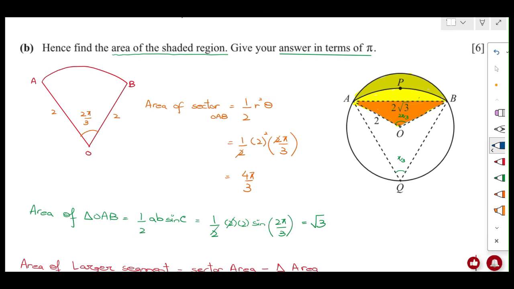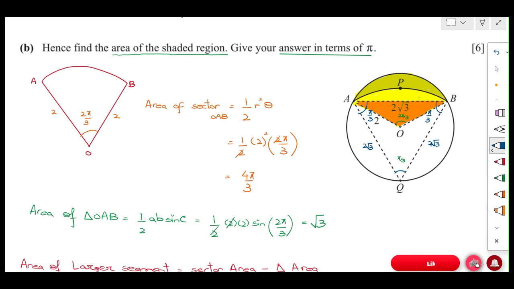If the angle at the center is 2 pi by 3, then the angle at the circumference is half of it, pi by 3, pi by 3, pi by 3. If all the three angles are pi by 3, it means this triangle is an equilateral triangle. If AB is 2 root 3, this should also be 2 root 3, this should also be 2 root 3.